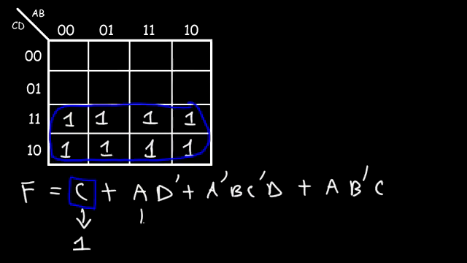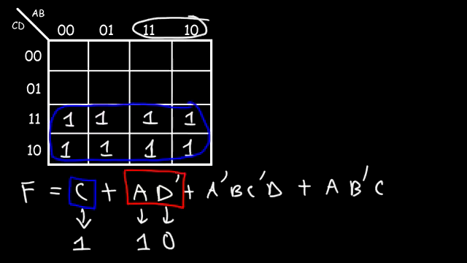So let's move on to the next one, A D prime. For A, I'm going to put 1, and for D prime, 0. So A is 1 in the last two columns on the right, and D is 0 here. So we're going to have a 1 in those squares as well.